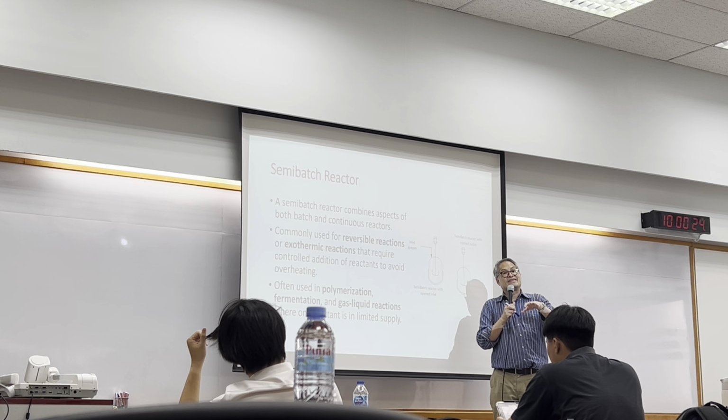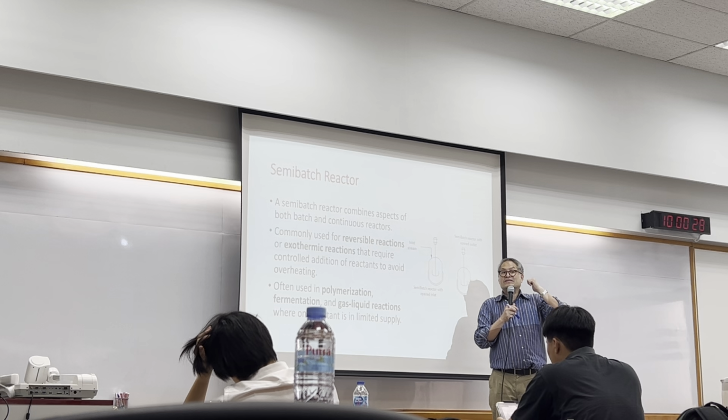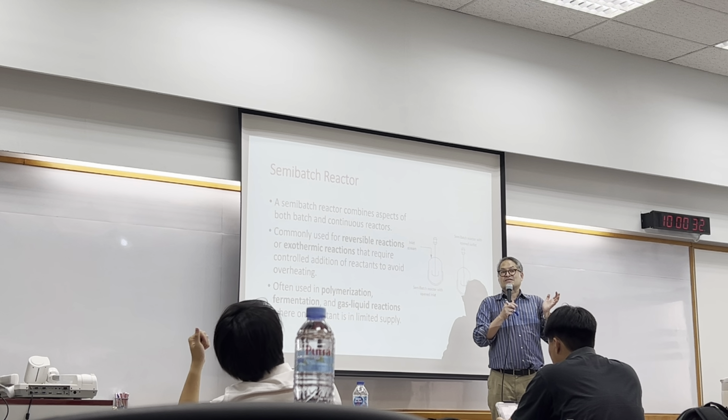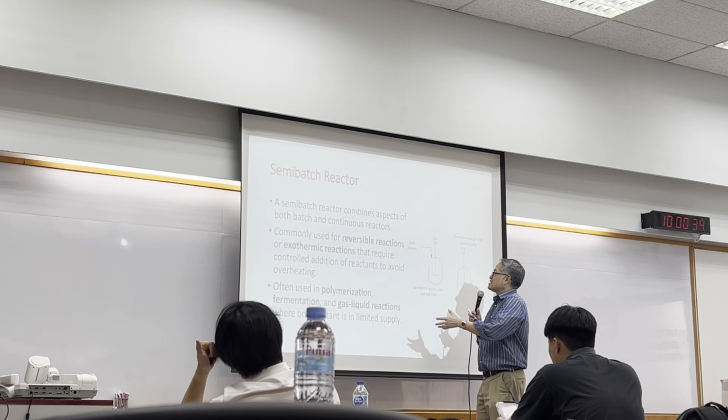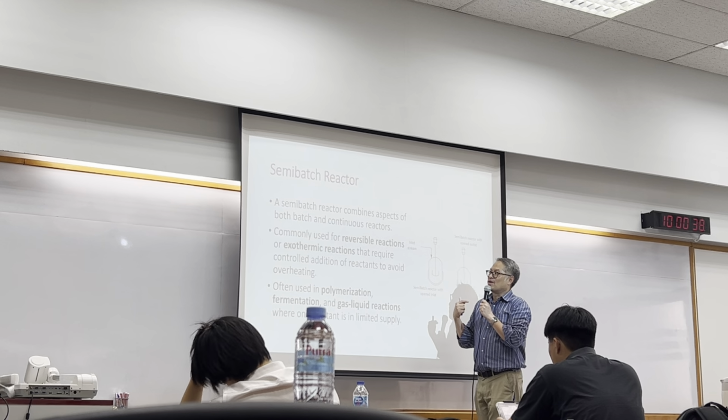If you let the reaction proceed too quickly, the temperature rises too quickly and it causes an explosion. So you need to control the addition of the reactants to avoid overheating.